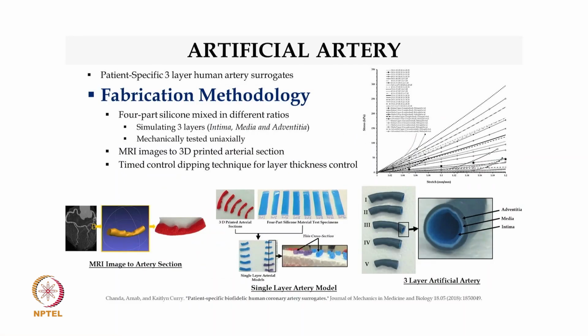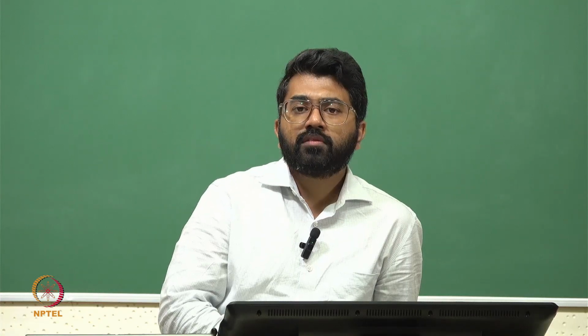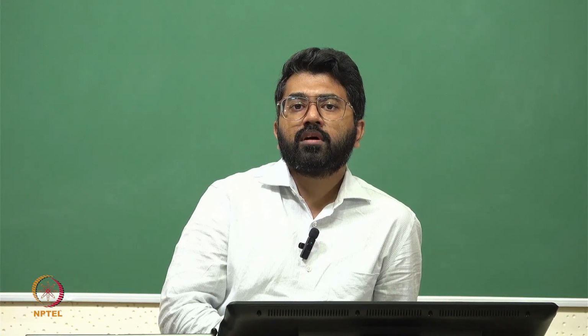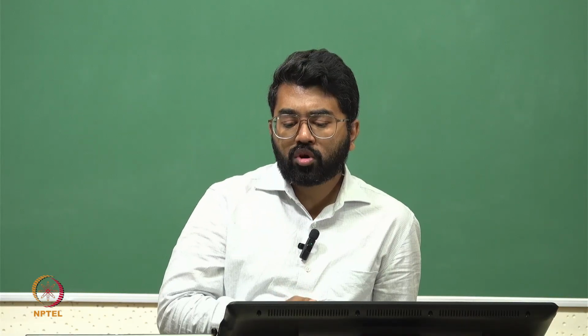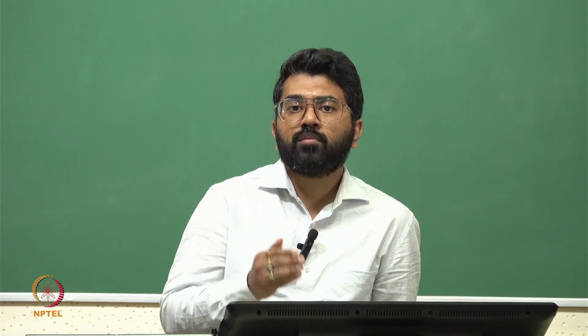The next interesting soft tissue simulant which we developed was an artificial artery. The human artery, which I may have explained in the previous sessions, is a very complex system in terms of the tissue. It has three layers of tissue, commonly known as the intima, which is the innermost layer, followed by the media and the adventitia, which is the outermost layer.